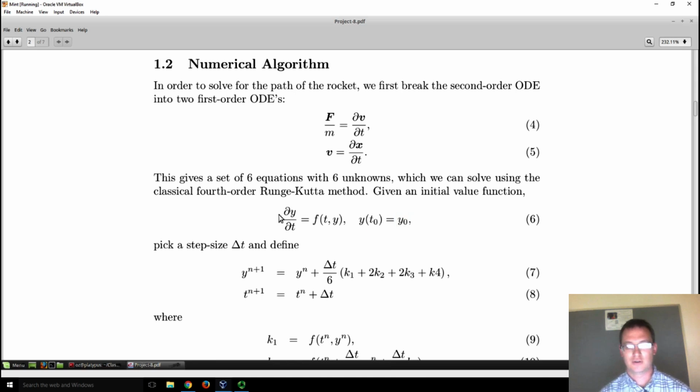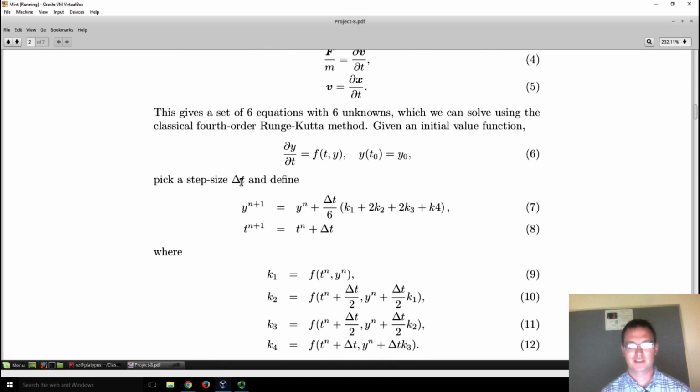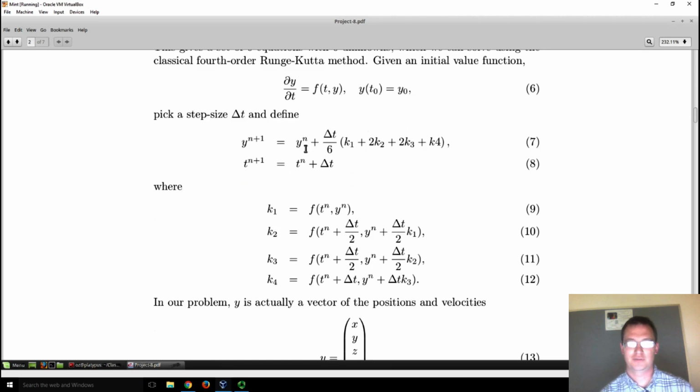So we pick a step size, delta t, and we then define the following functions where we're at some position at iteration n here, and we have these k's, and we'll get back to that.